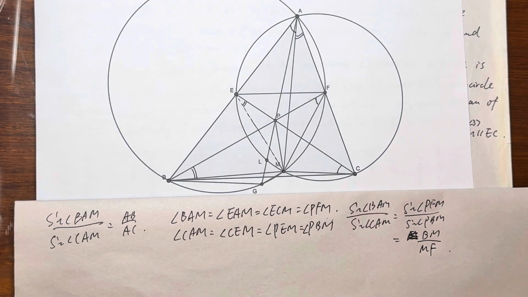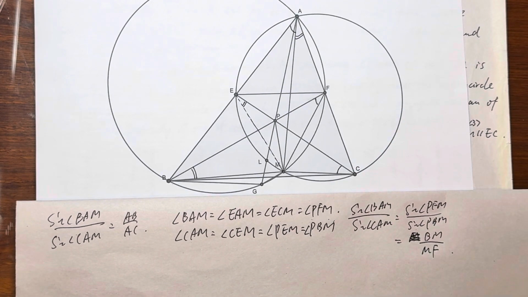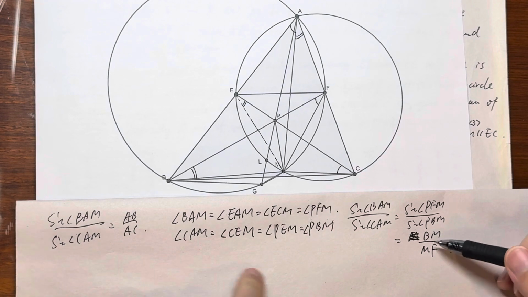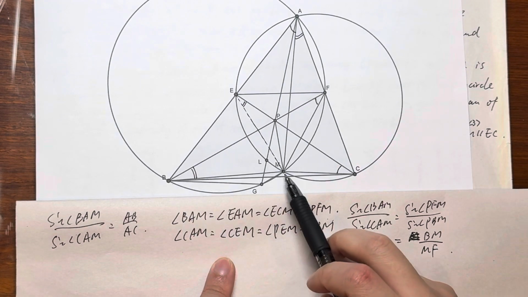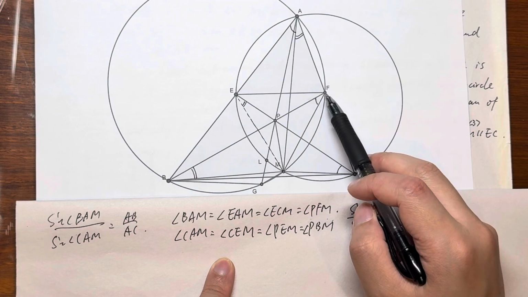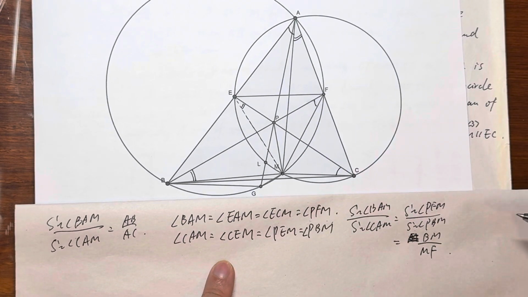That's the correct one. Basically we want to prove that BM to MF equals AB to AC.